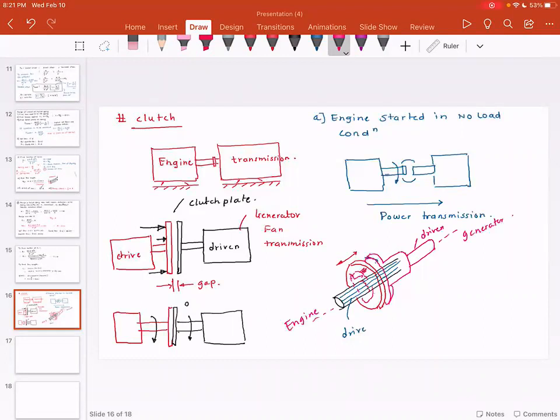And here, there are springs. This bracket is attached to the shaft, and I'm going to show it as a rigid bracket, a rigid plate, attached to the shaft and does not slide. This clutch plate slides.